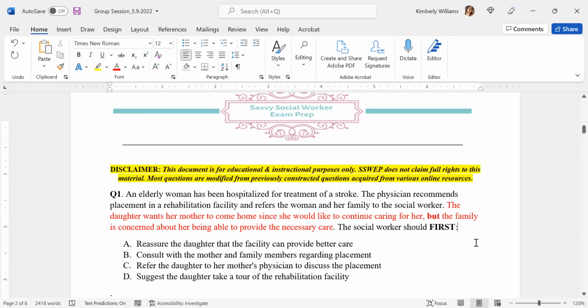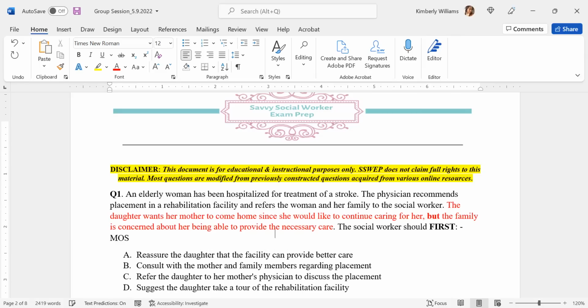So what is the most important thing that you should do in this situation as a social worker to clinically intervene? What is the most important thing we need to do? Let's go through the answer choices one by one. Just to recap, I want to make sure y'all are looking at it exactly how it needs to be. This woman has been hospitalized.